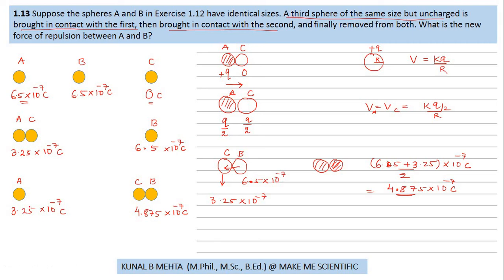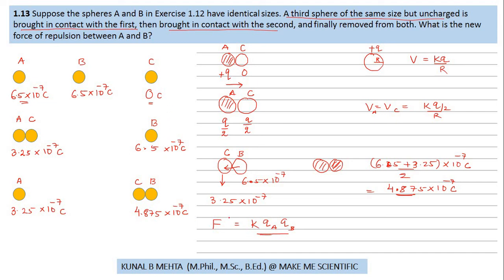So now what is the force of repulsion between A and B? Let's find the force of repulsion between A and B. The force of repulsion will be equal to k, charge on A, charge on B, and the distance between A and B does not change.